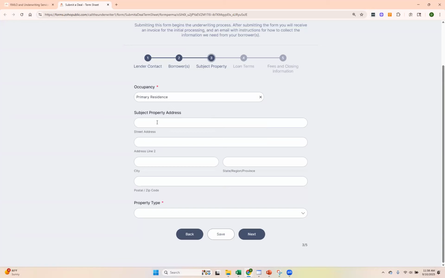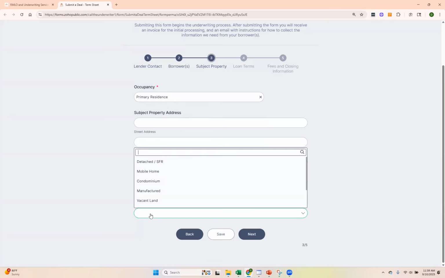We can put in the subject property address and then the property type. Most of these are detached single families. We also do a lot of underwriting for mobile homes as well. And then you can put multifamily, commercial. We don't really do too much, but a lot of this information is kind of boilerplate information that goes into loan origination systems. And so we set it up to be very compatible with that.